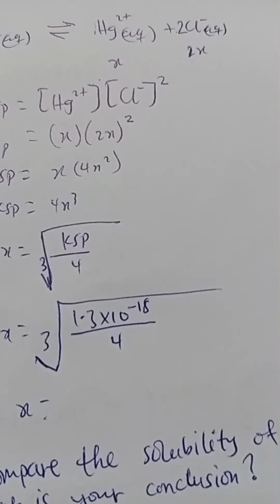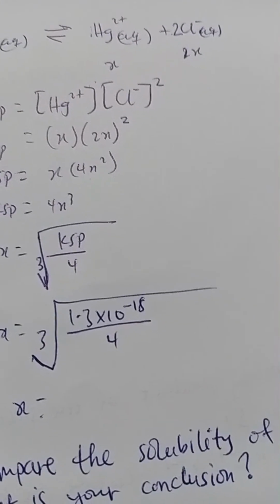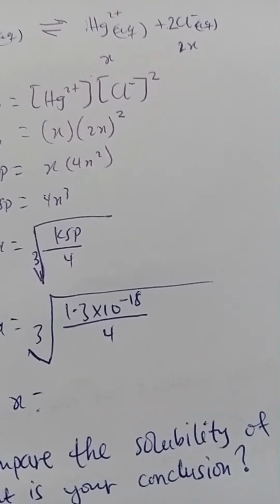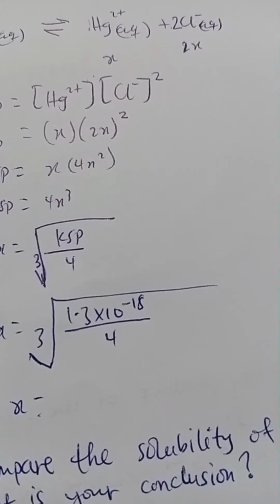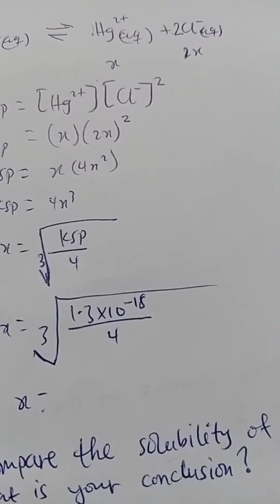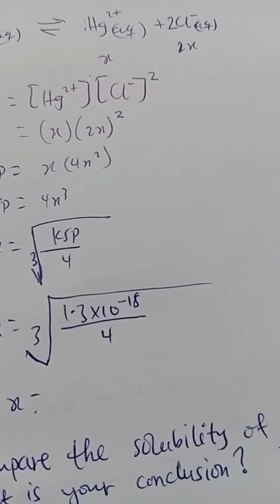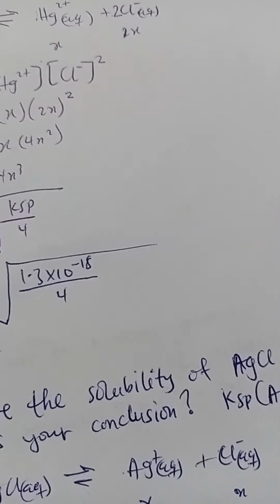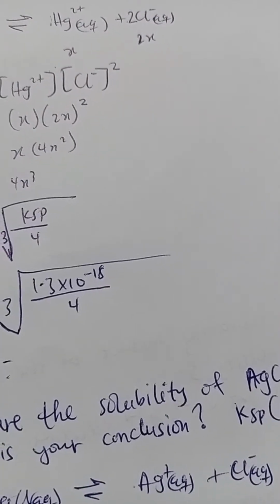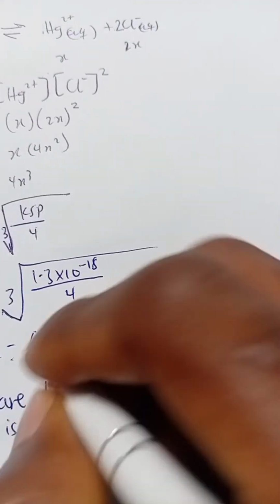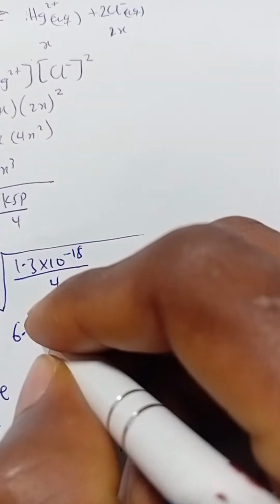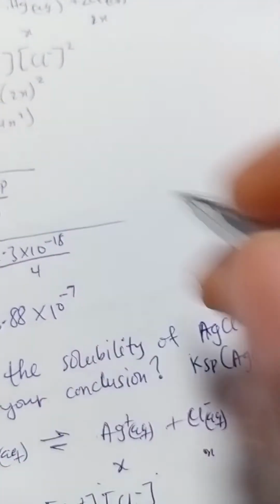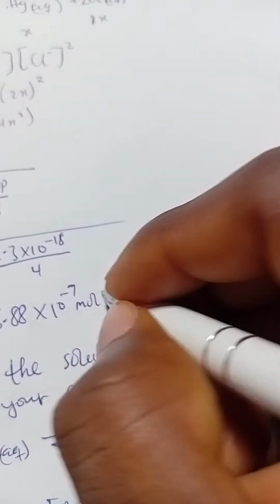So cube root of the fraction, 1.3 by 10 to the power negative 18, and the denominator is 4. We are getting 6.88 by 10 to the power minus 7 mole per liter.